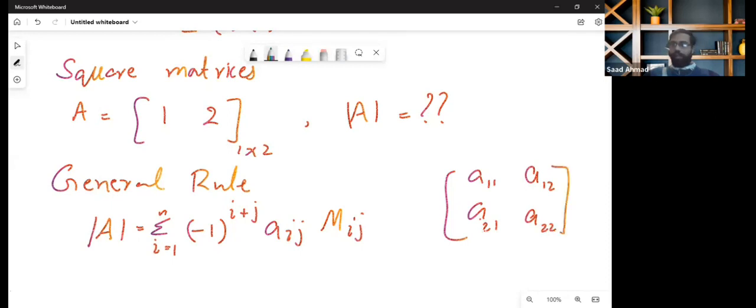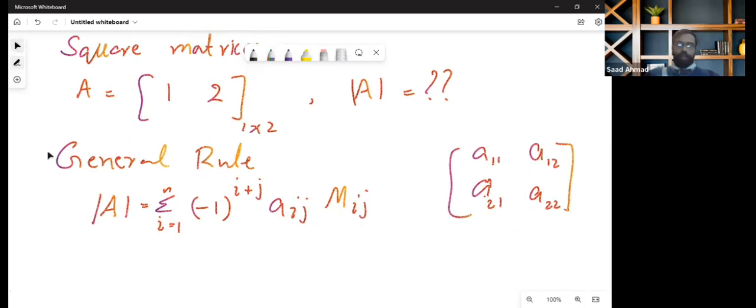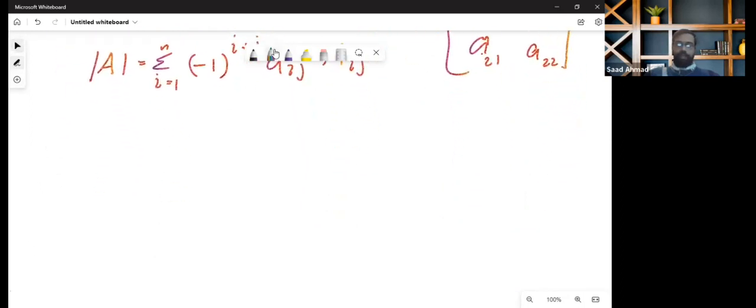So the a_ij are the entries for that place. And M_ij, the one that is written as M_ij, is called the minor. Minor of A, at whatever position ij.